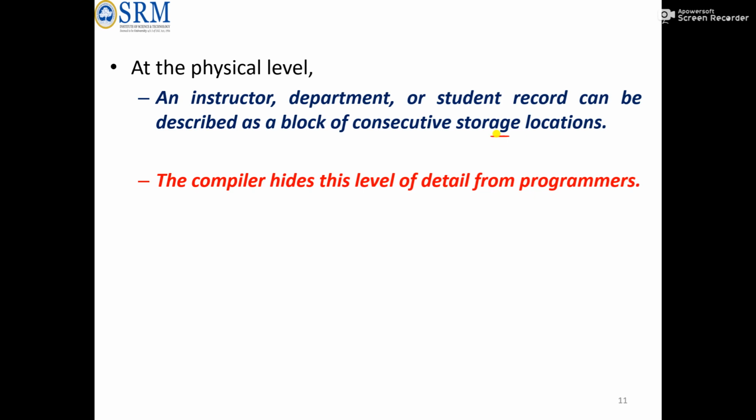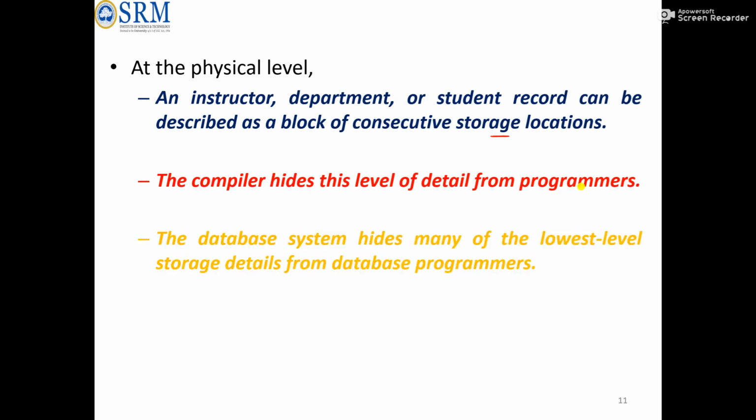On the physical level, the compiler hides this level of detail from the programmer. These storage details are hidden from the programmer. So the database system hides many of the lowest-level storage details from the database programmers. Yes, absolutely. Then the programmer can easily write programs for accessing or retrieving certain data from the database.